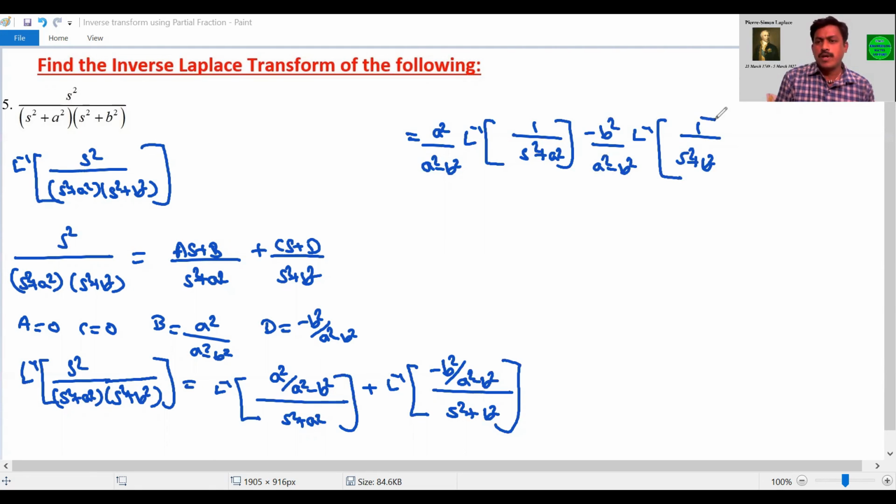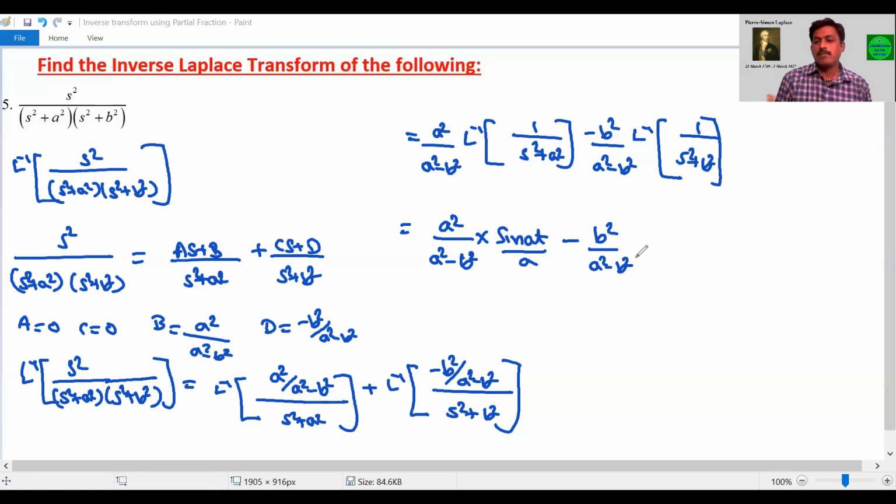Now if you apply the formula, we will get the term as a square divided by a square minus b square into, if you observe, it looks like L inverse of 1 by s square plus a square, that is sine at by a, here the a value is a only, minus b square divided by a square minus b square into, it is nothing but sine bt by b.